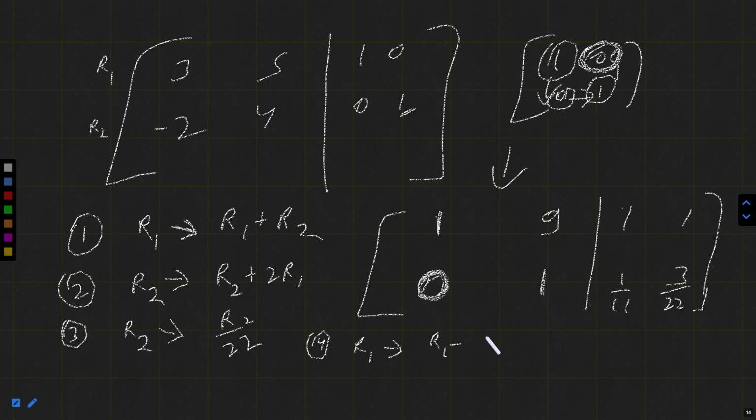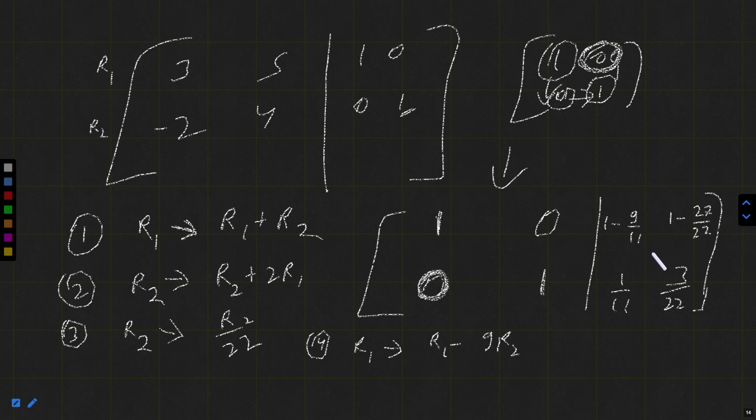Now the fourth step will be R1 minus 9R2. So 1 minus 0, and this 9 minus 9 will give you 0. So 1 minus 9 by 11 and 1 minus 18 by 27 by 22.